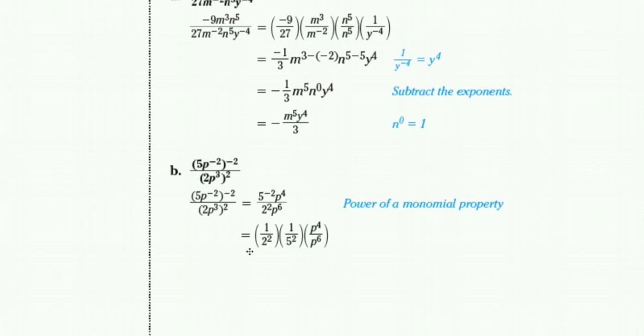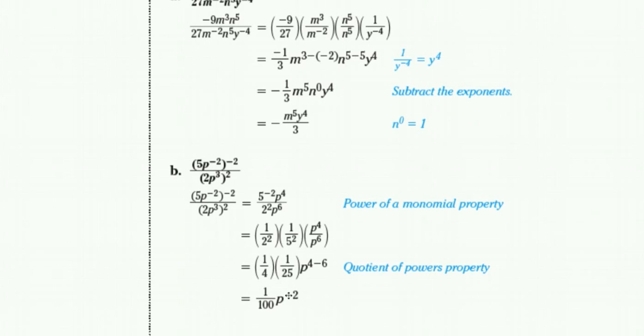From there this becomes 1/4 times 1 over 25, and we follow the quotient of powers property where we subtract the exponents. It's always subtracting the exponent of the denominator from the exponent of the numerator, so it's p to the 4 minus 6, and you end up with 1 over 100.